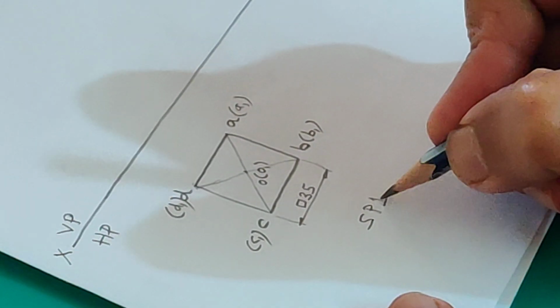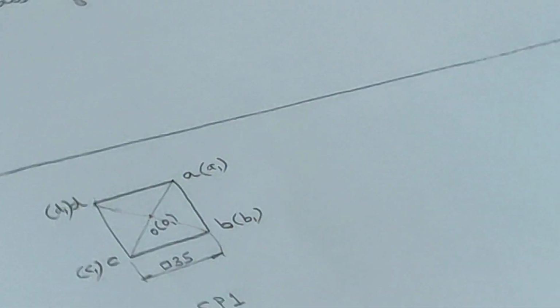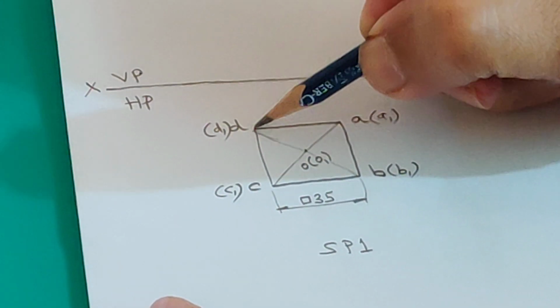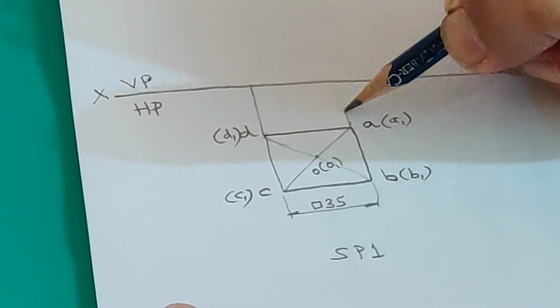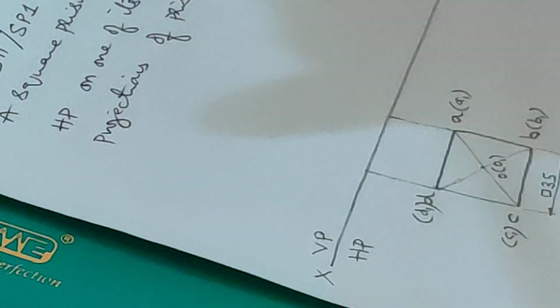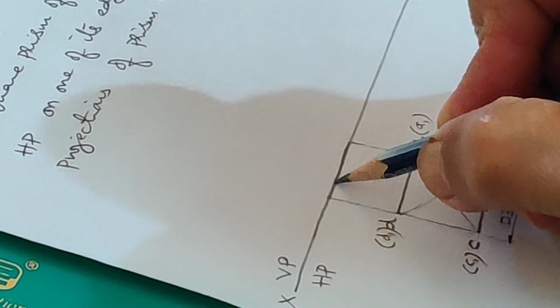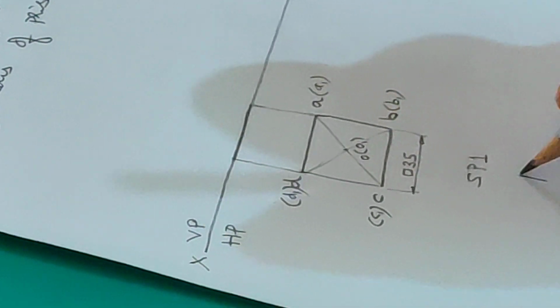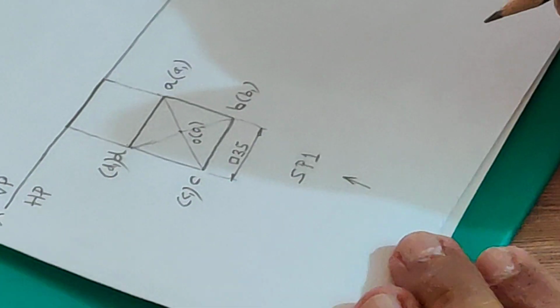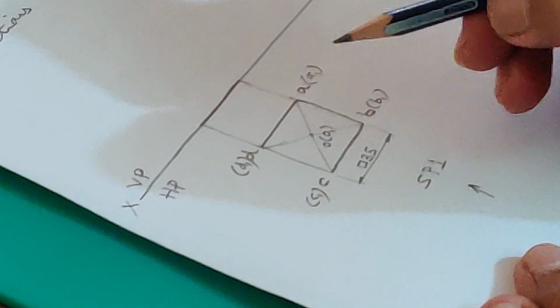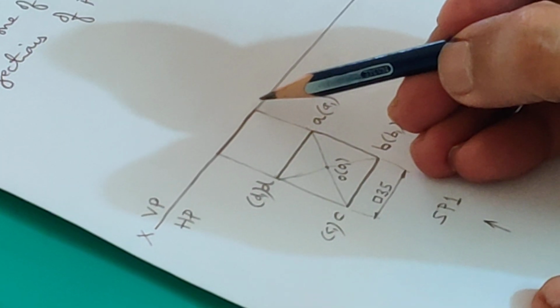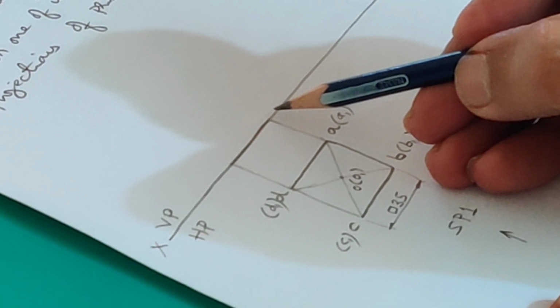Now let me complete the front view. So I'll draw the projections. So this is where you have the base of the prism. In SP1, the base should be on HP. Now this is the position of the observer. Okay. You have the point. If you want to draw the base, it is A1, B1, C1, D1.